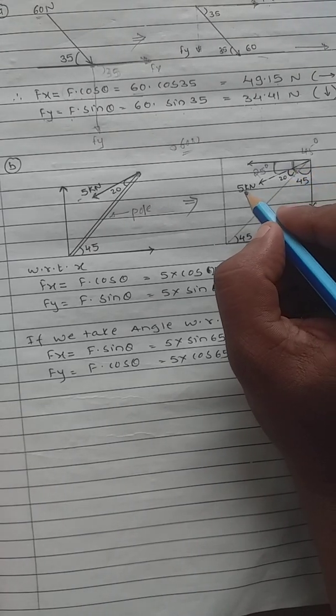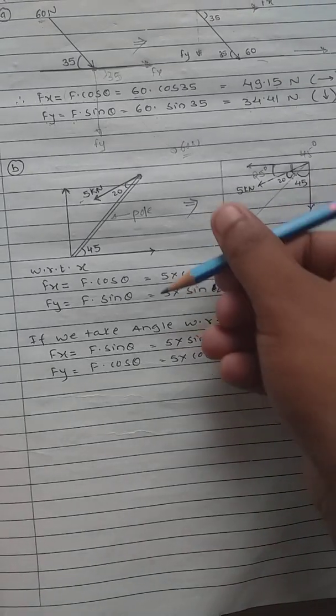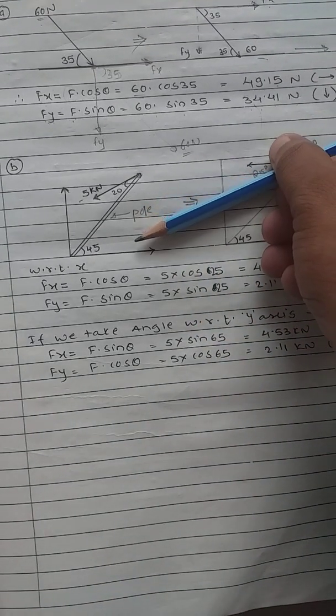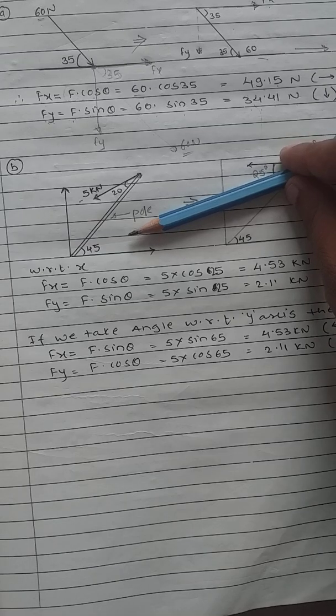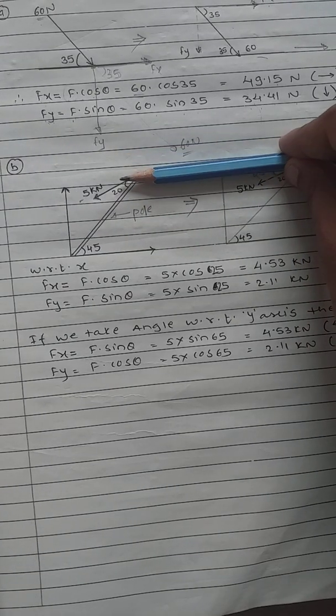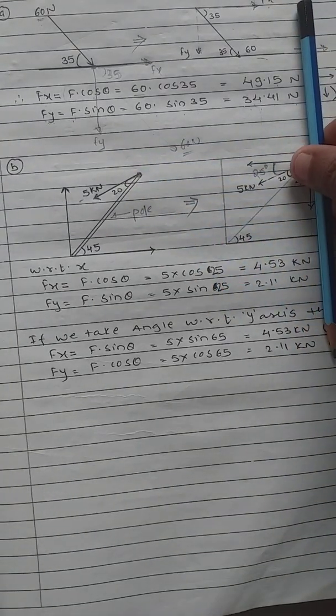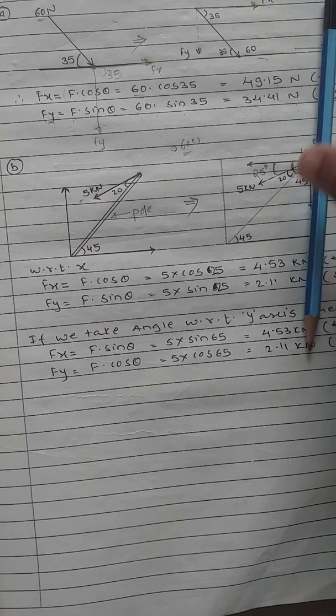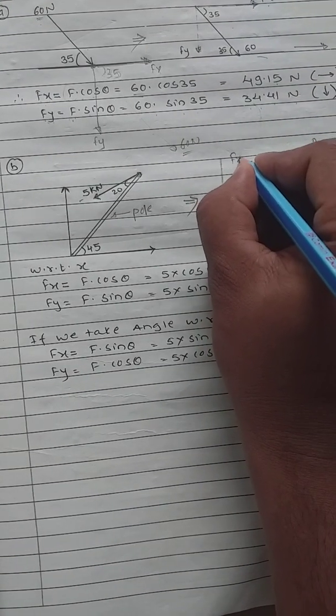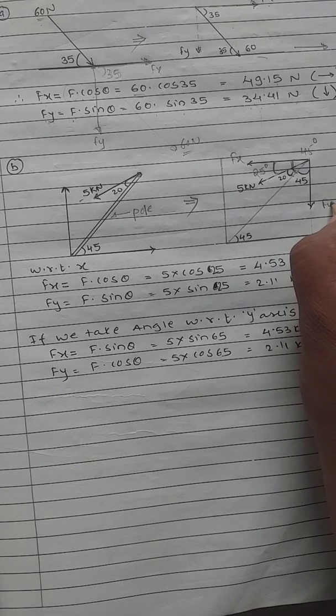Therefore now while resolving the 5 kilonewton, the force is like this. So this will be f of x and this will be f of y.